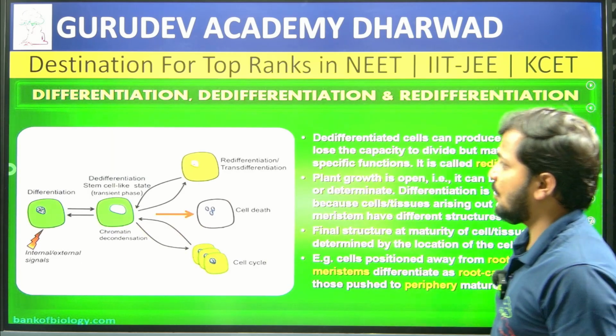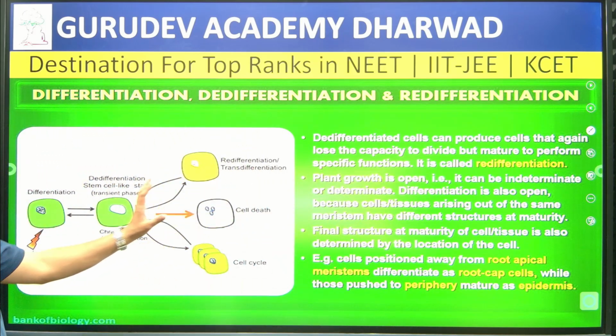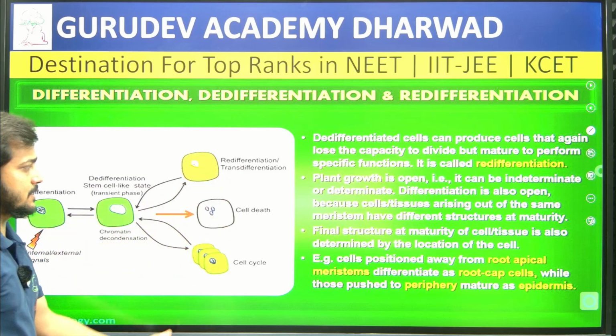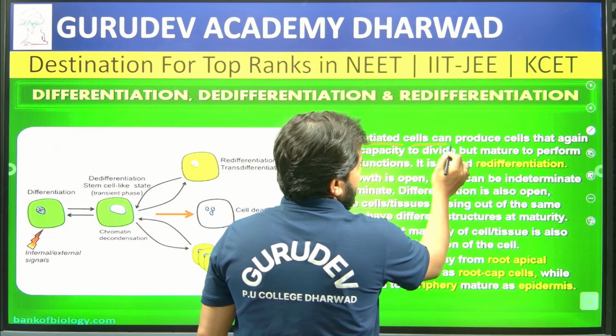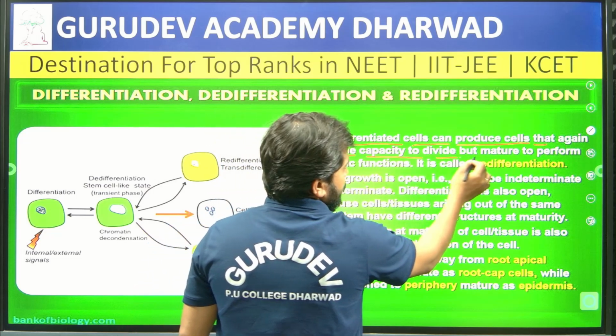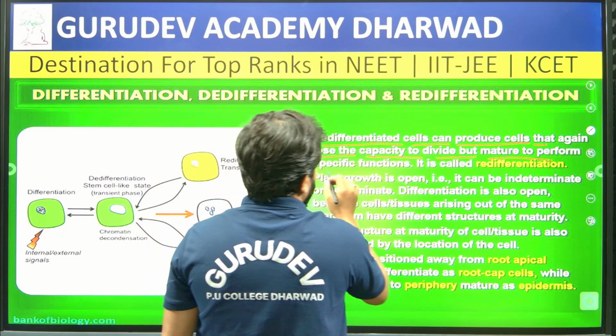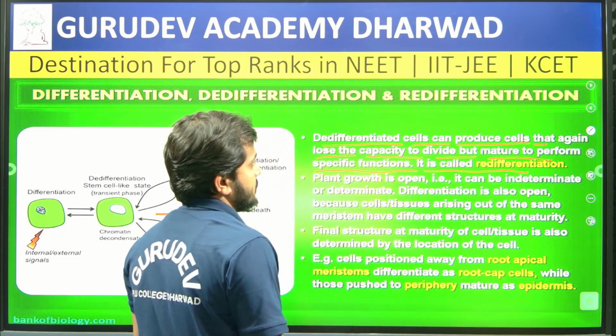Then there is something called redifferentiation. You should watch the diagrams to see how exactly redifferentiation and dedifferentiation take place. So dedifferentiated cells can produce cells that again lose the capacity to divide but mature to perform a specific function, and this is called redifferentiation, right?